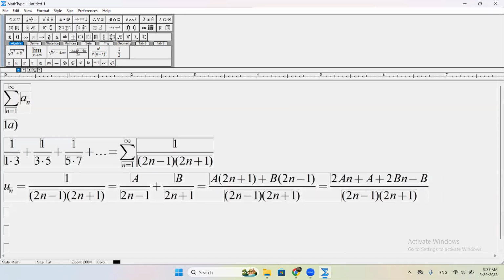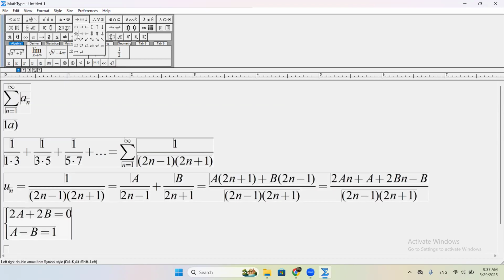Okay, and let's write down the system. 2a plus 2b equals 0, and a minus b equals 1. So from this system, we can find that a equals minus b.